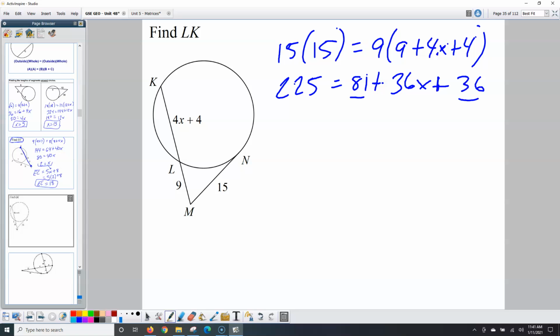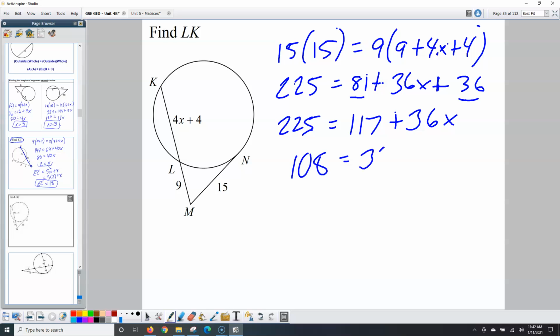And I'm going to combine my like terms over here. So that's 225 equals 117 maybe plus 36x. And I'm going to subtract the 117 over and get 108 over here equals 36x. Divide by 36 and x equals 3.